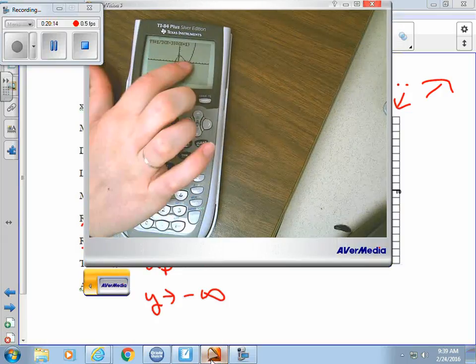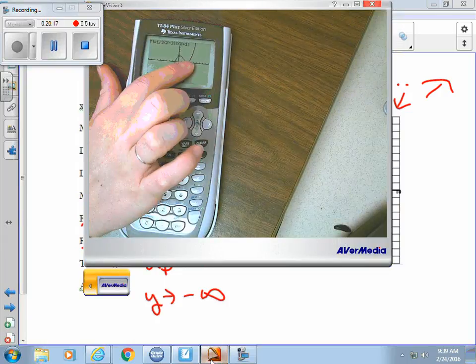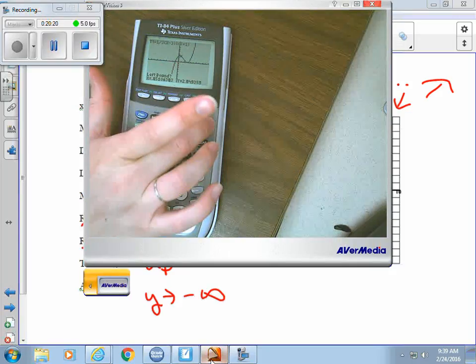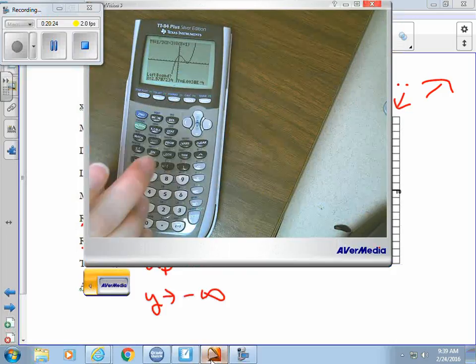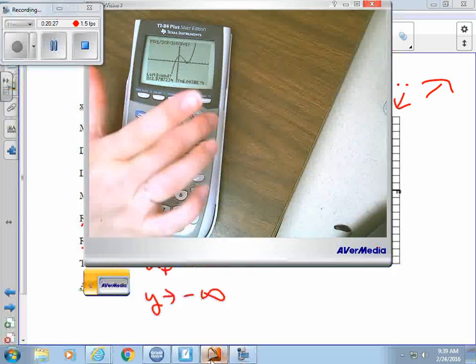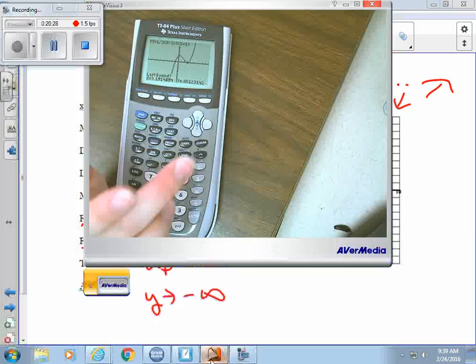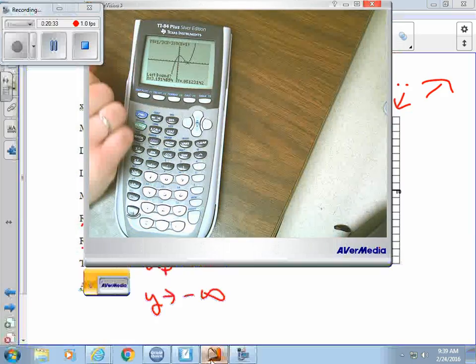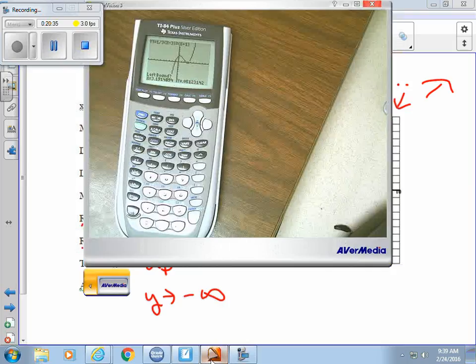This is the minimum. Does everyone agree with that right here? So I'm going to hover over that minimum with my calculator. Right there. And then it says left bound, question mark. From the minimum, I'm going to go to the left, and I'm going to push enter.